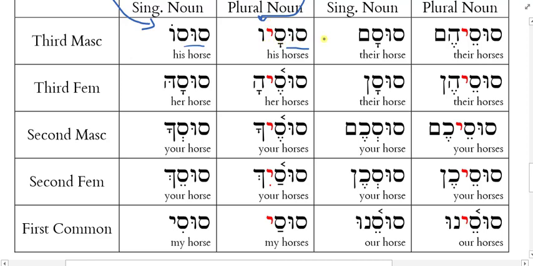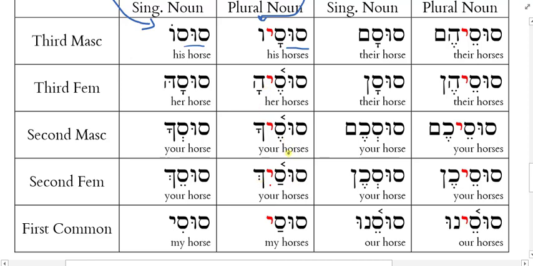And I want you to see what happens here. The plural noun horses is susim, but you're not going to see susim here. The eem is going to drop out, and I'm going to have a helping vowel that replaces it. And then I'm going to have a pronoun that comes after the helping vowel.